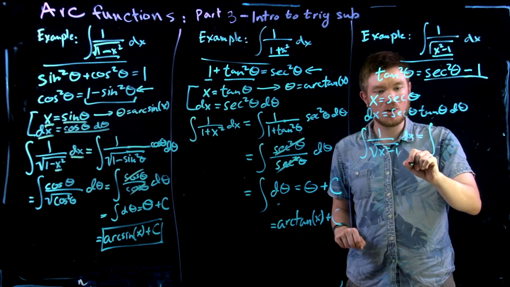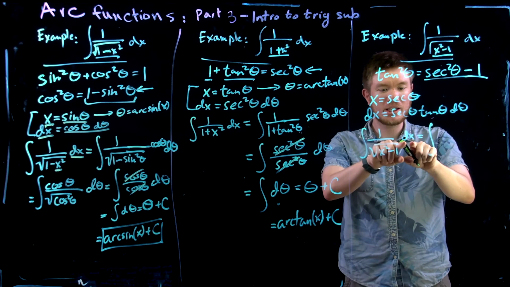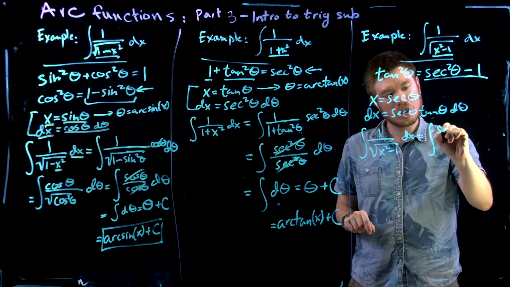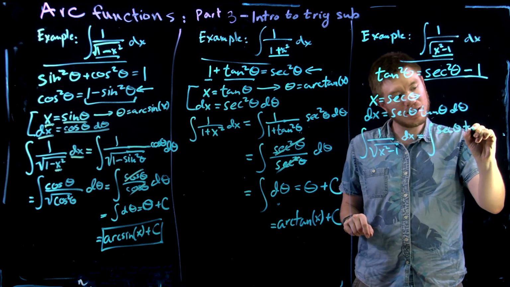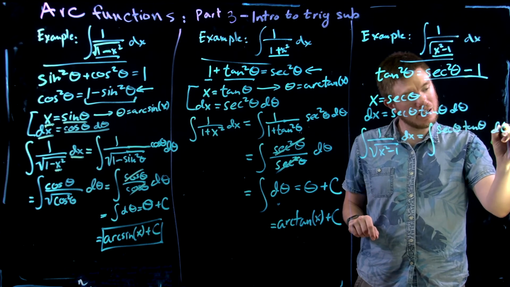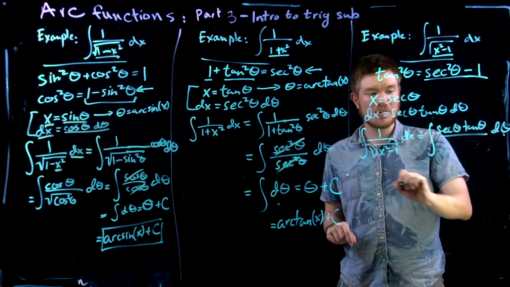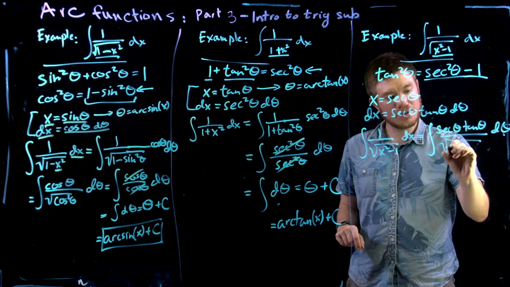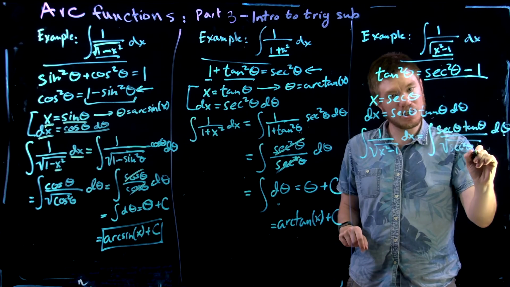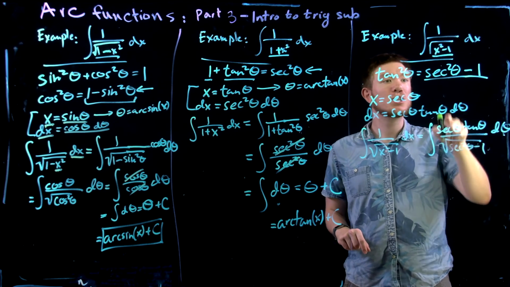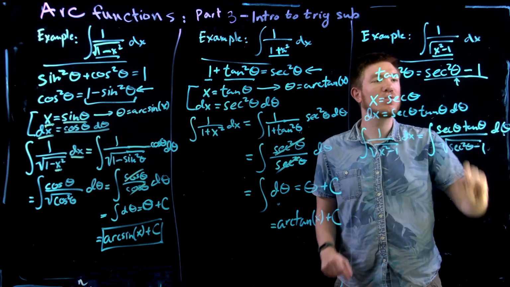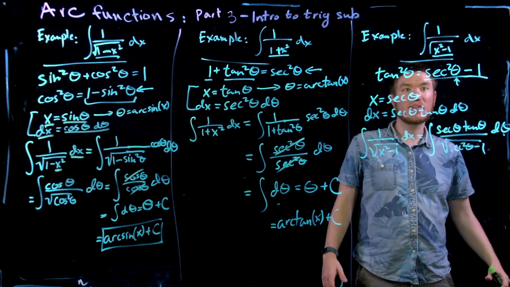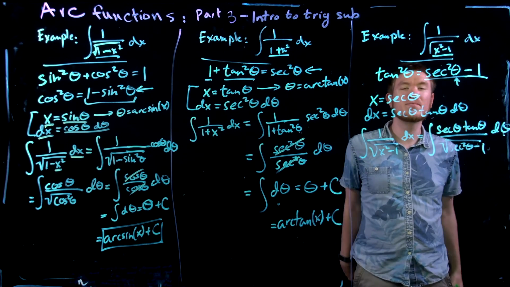So dx will turn into secant theta tan theta d theta, and in the denominator, we get the square root of secant squared theta minus 1, just like what we wanted in our Pythagorean identity.